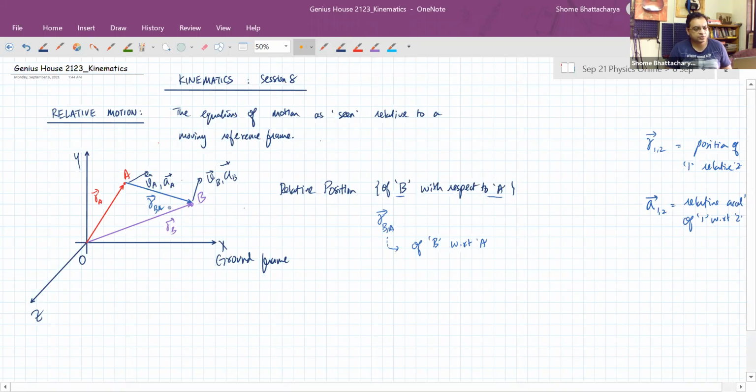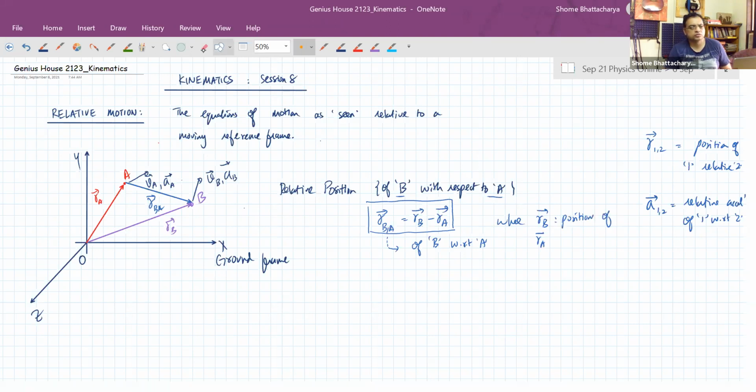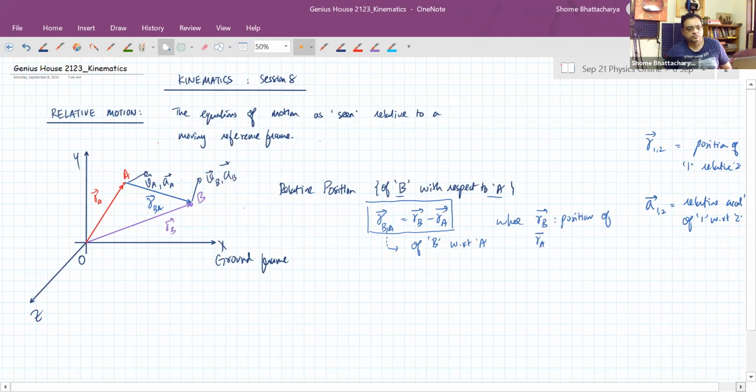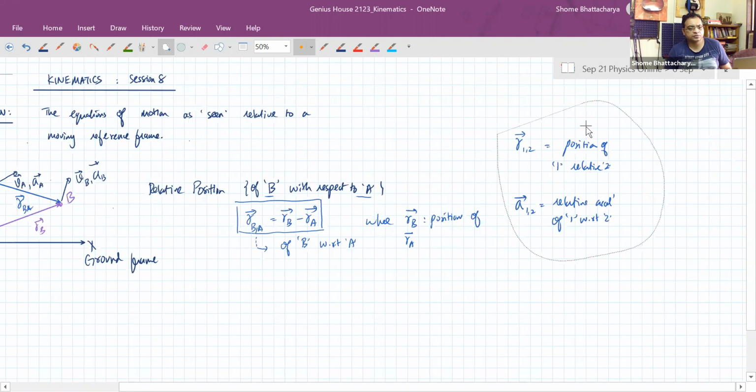Now coming back to the diagram, you can see that this vector is nothing but the difference of these two vectors. So that becomes the definition. The mathematical definition becomes this. The relative position of B with respect to A is like this, where rB and rA are the positions of these two with respect to the common ground floor.